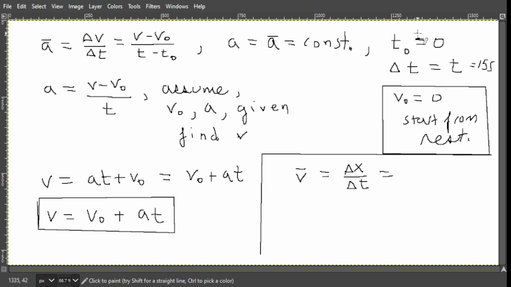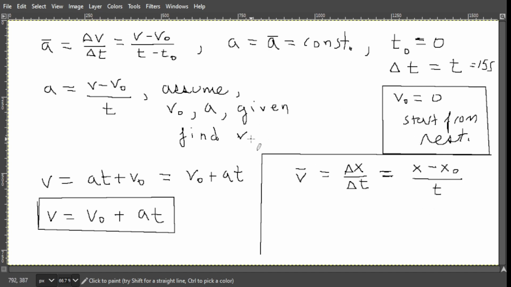And here we're going to be using this assumption that t0 equals 0. That is, we're using a stopwatch, and we start the stopwatch at the time of interest. So the action always starts with t0 equal to 0. So this then becomes final minus initial, x is the final, x0 is the initial, over t minus t0, t0 is 0, so it's just t.